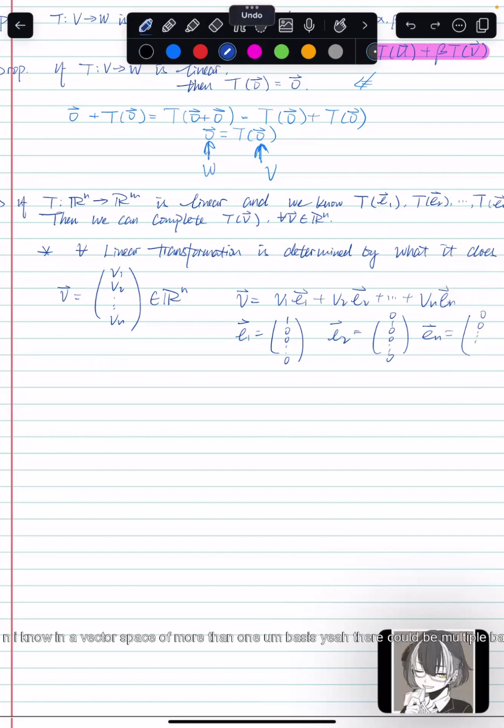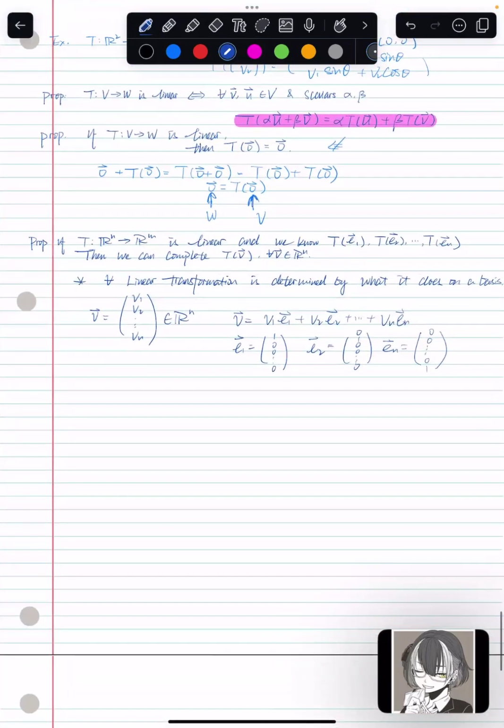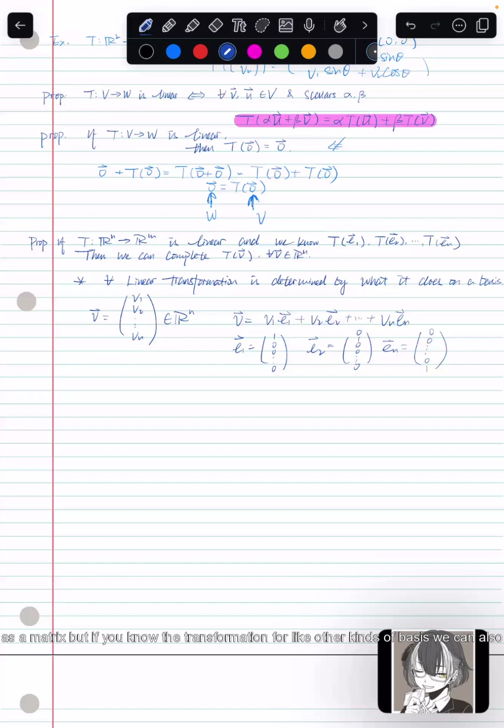Yeah, there could be multiple bases. But if we know the transformation for the standard basis, then we can write the transformation as a matrix. But if we know the transformation for other kinds of bases, we can also compute the V.